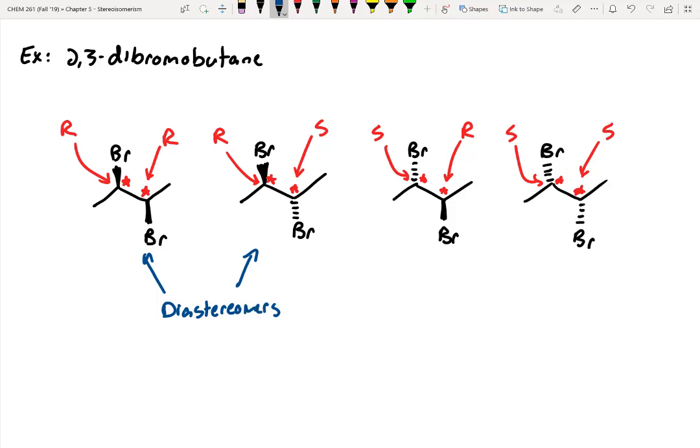All right, let's do the next one. So you're saying enantiomers. This is tricky.